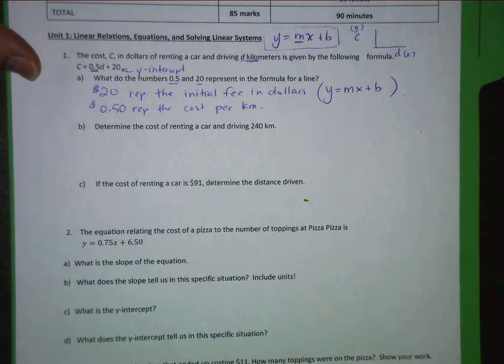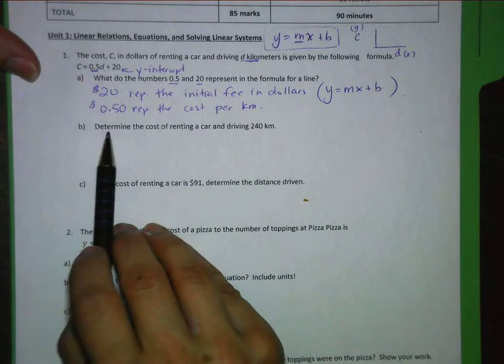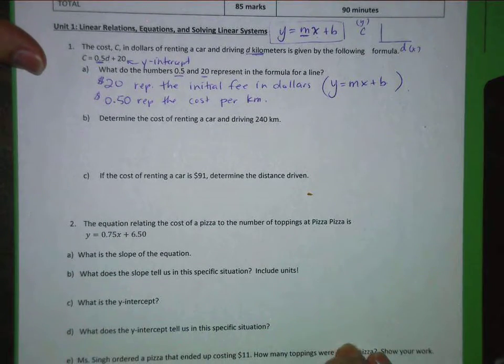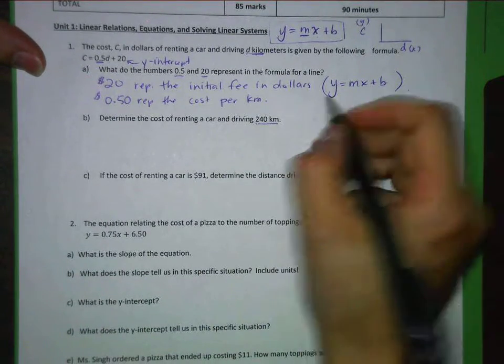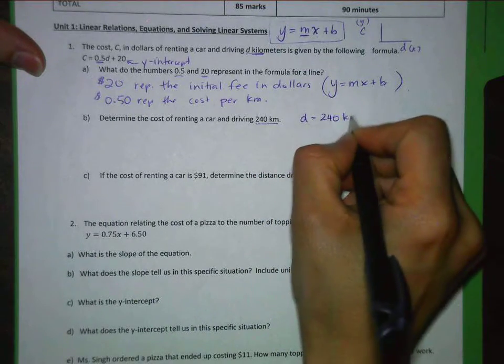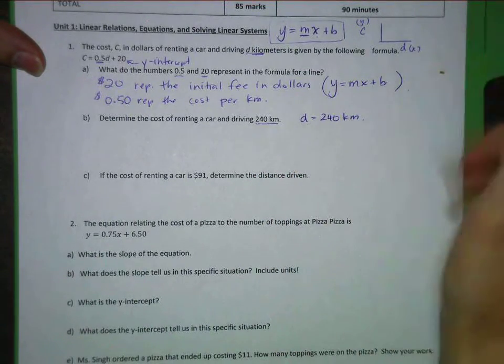So in part B, they say determine the cost of renting a car and driving 240 kilometers. So right there, D equals 240 kilometers. So I'm going to do substitution for that.